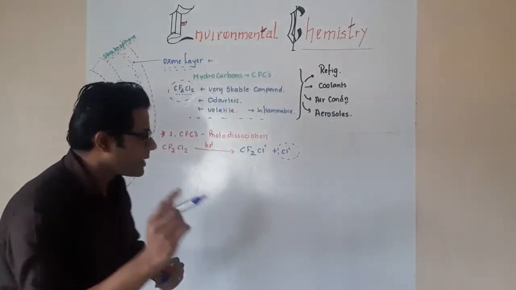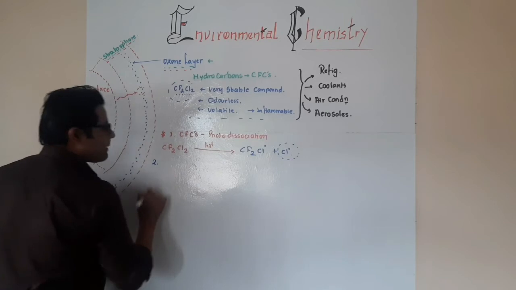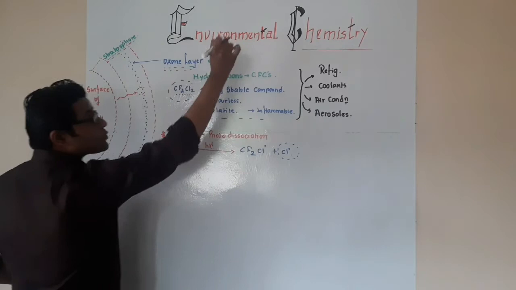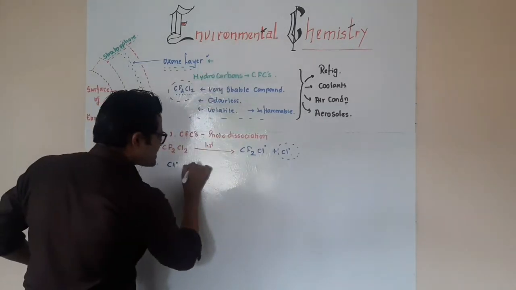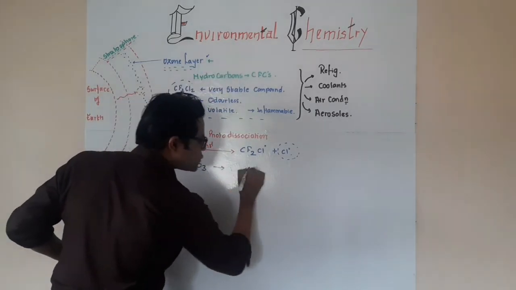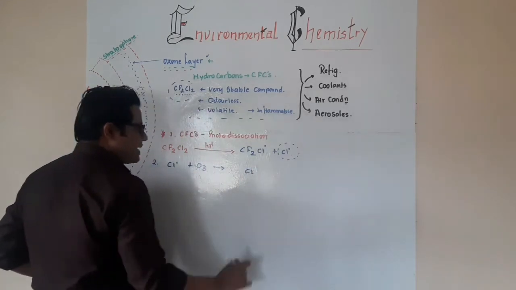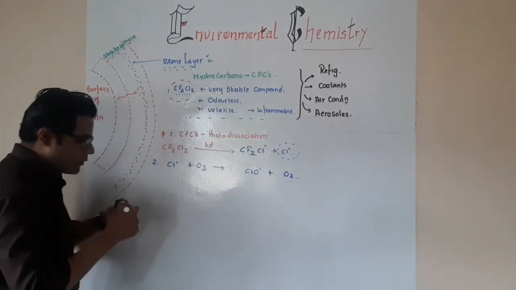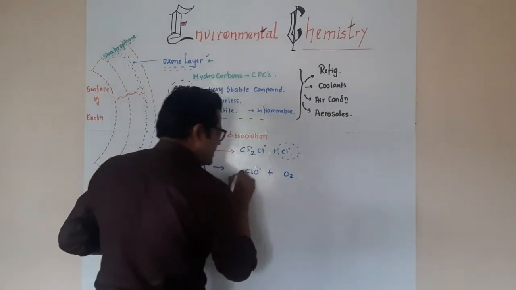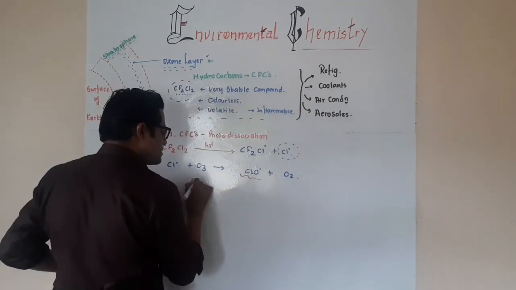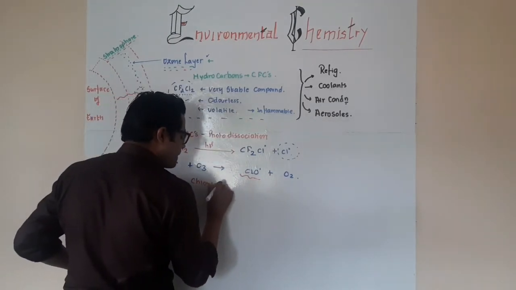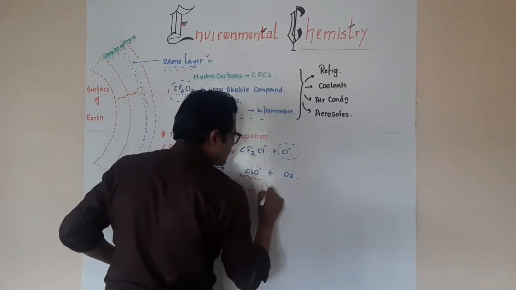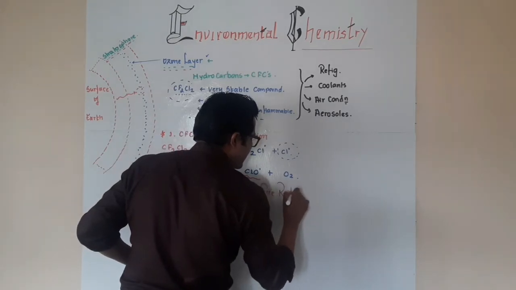Let's try to understand how it is going to react. In the second step, this chlorine free radical will start reacting with the ozone molecules. As it reacts with the ozone molecule, you are going to get over here ClO dot plus an oxygen molecule. Now this ClO dot is nothing more than our chlorine monoxide free radical.